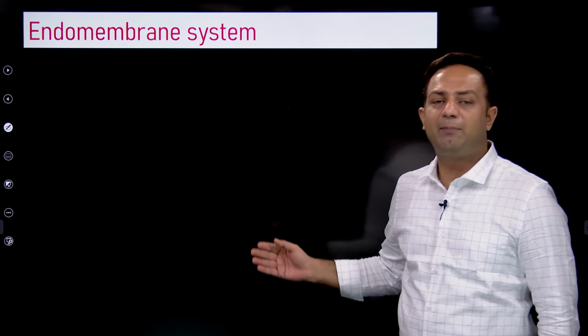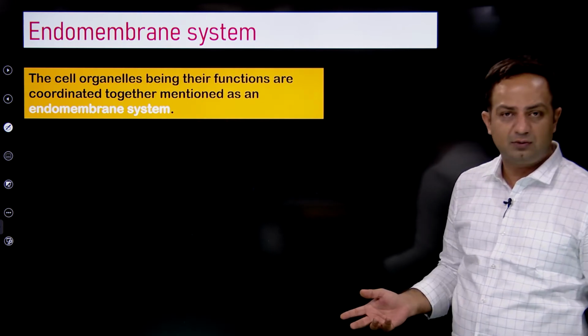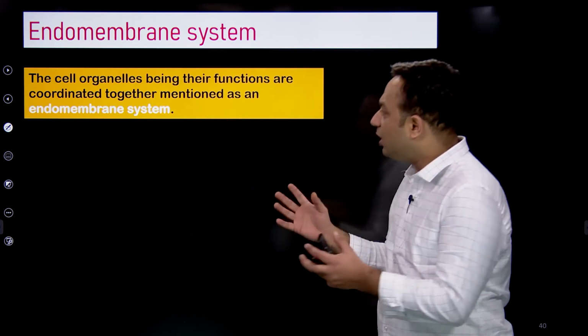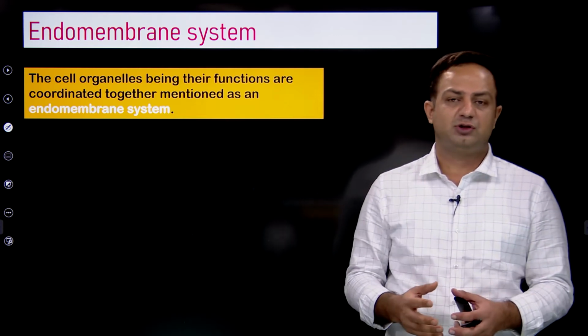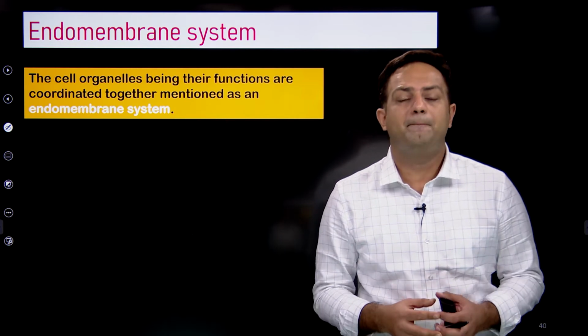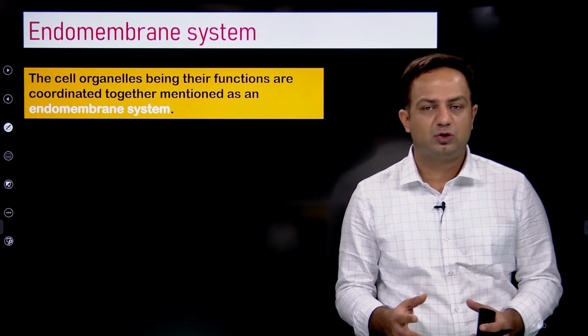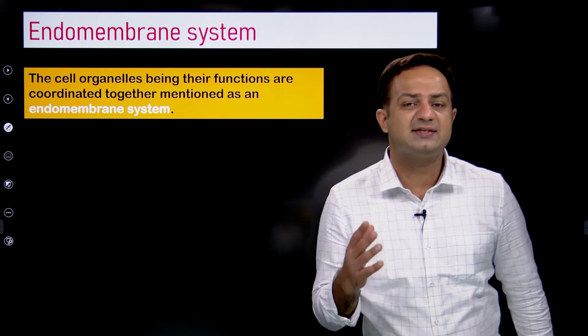The same is about the cell organelles which perform function in coordination. So this is how the cell organelles, their functions being coordinated together, are forming the endomembrane system. I am not saying endoskeleton or cytoskeleton, I am saying endomembrane system.